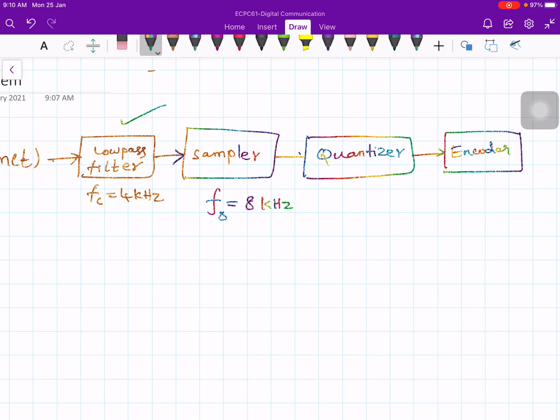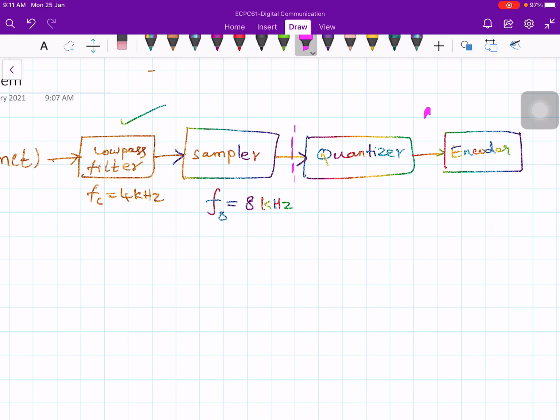The sampler is followed by the quantizer and the encoder. Typically these two are realized as one block in practice.